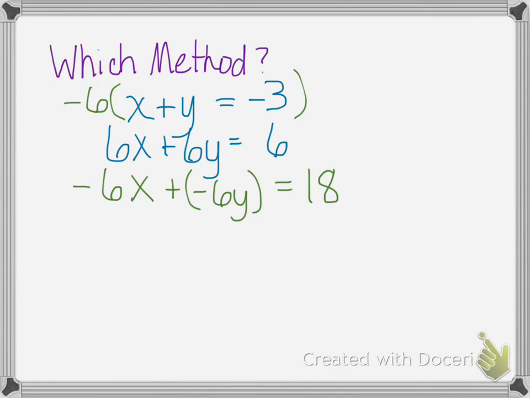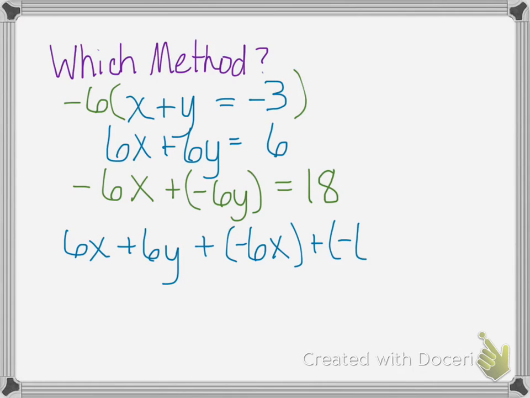All right, and so then I can add my new equation to the second one, and I'm going to get 6x plus 6y plus -6x plus -6y is equal to what?